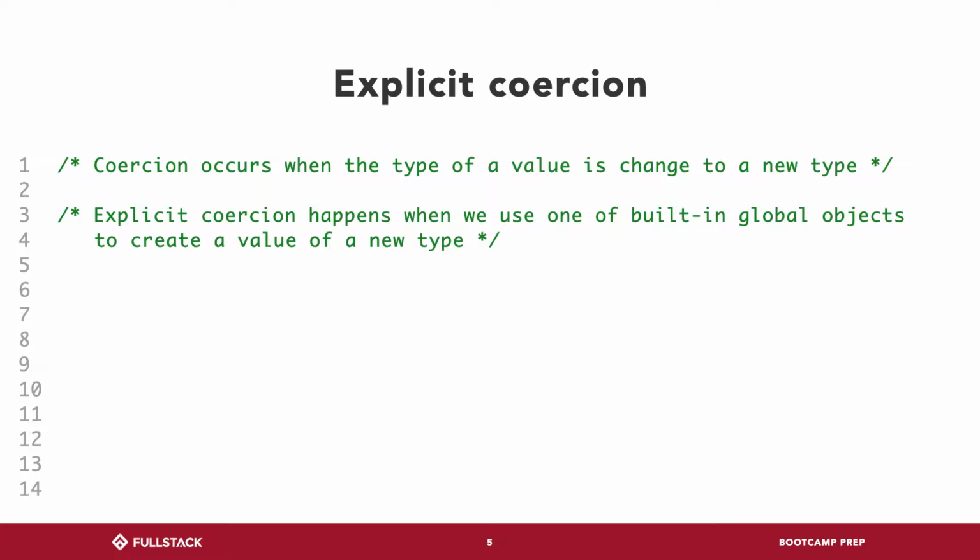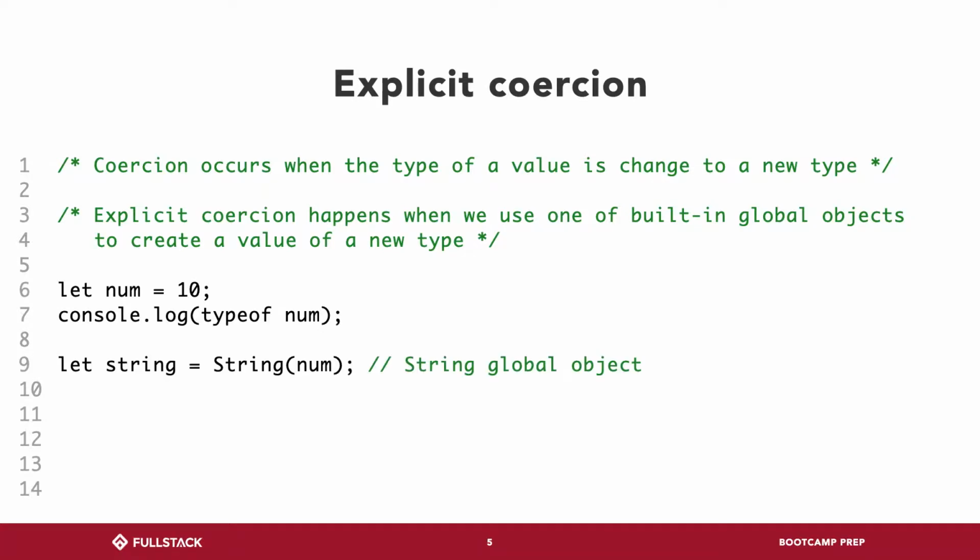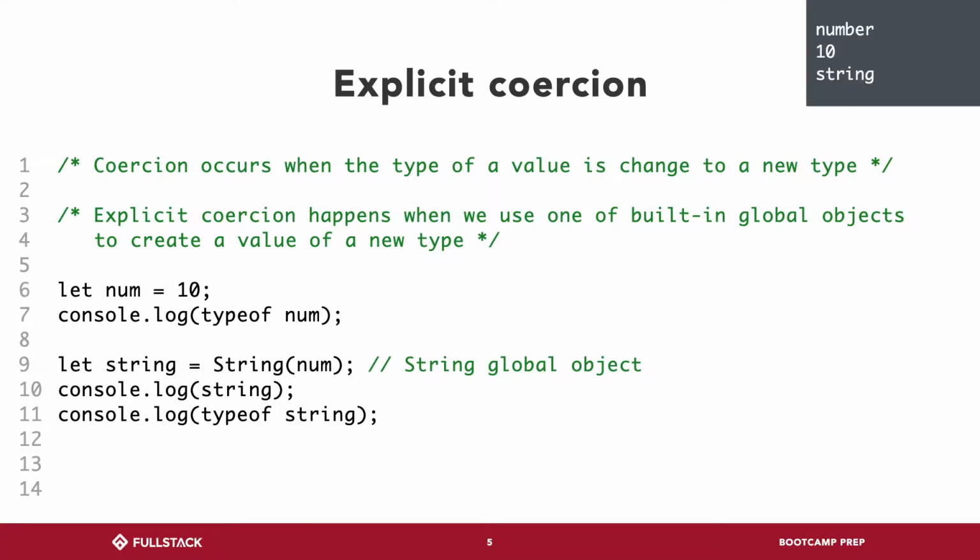So coercion occurs when the type of a value is changed to a new type. You coerce one thing into a different type, okay? Explicit coercion happens when we use one of the built-in global objects to create a value of a new type. So we say let num equal to 10, and we console log typeof num. We got number, right?